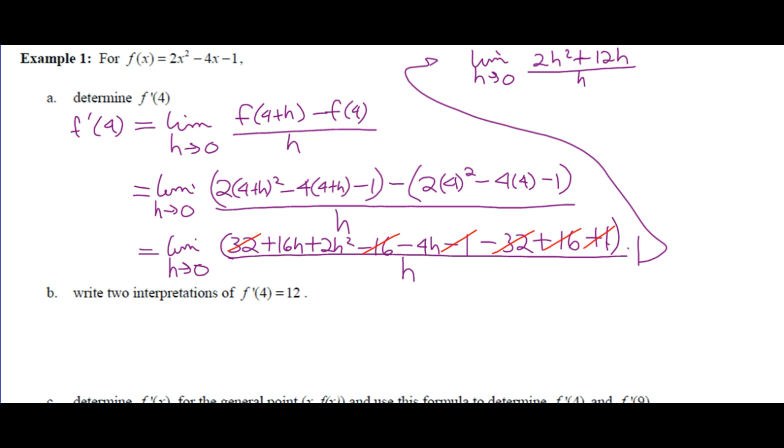Hang on, pause. You can kind of finish it up. Where are we? The limit as h approaches 0 of, and there's equal signs here, I guess, right? Of what? So we got 2h and then h plus 6 over h.